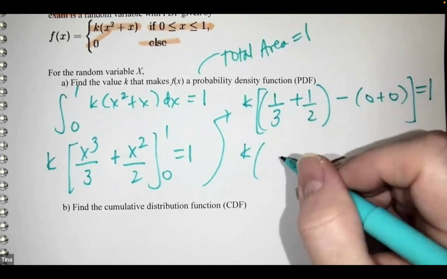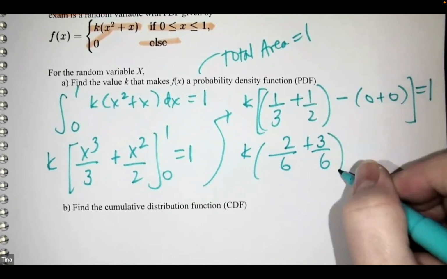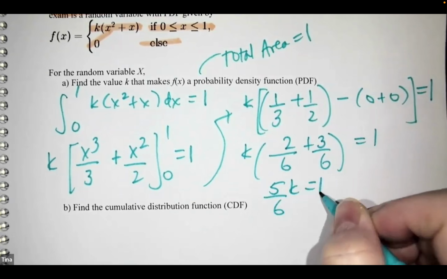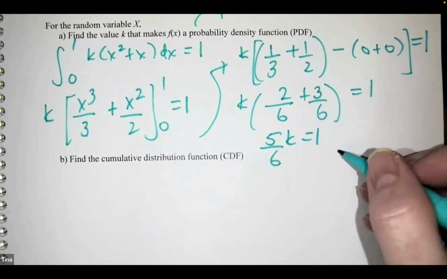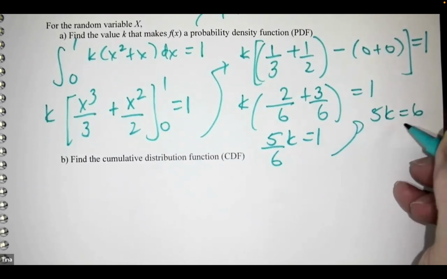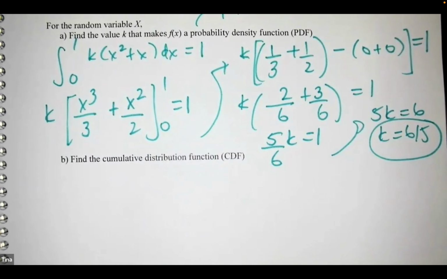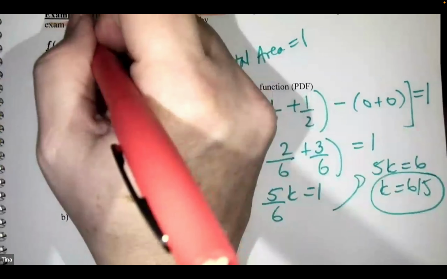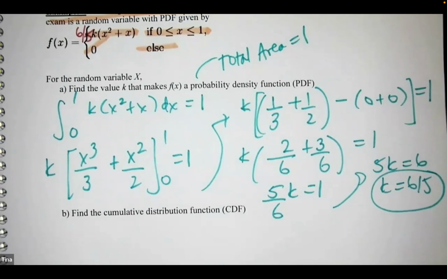And a third plus a half, we could say common denominator is 6, so 2 over 6 plus 3 over 6. And so it's like 5 over 6 k. So if we cross multiply, since that equals 1, we could say 5k is 6 and k is 6/5. So that is the number that we can put back in here, right? That k is 6/5 now.